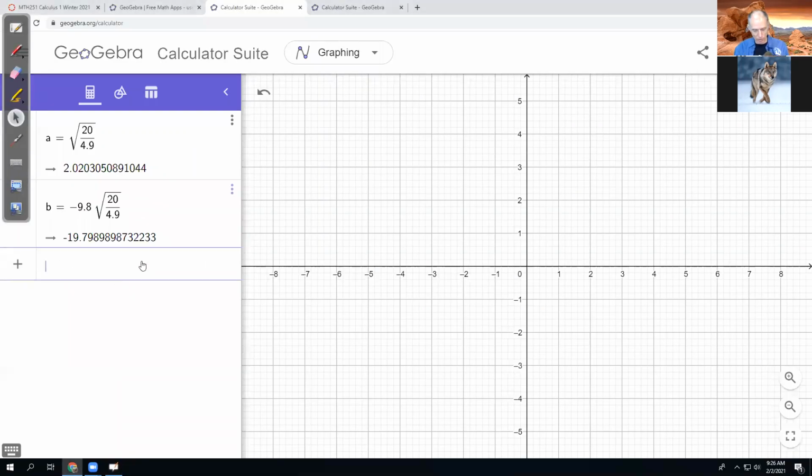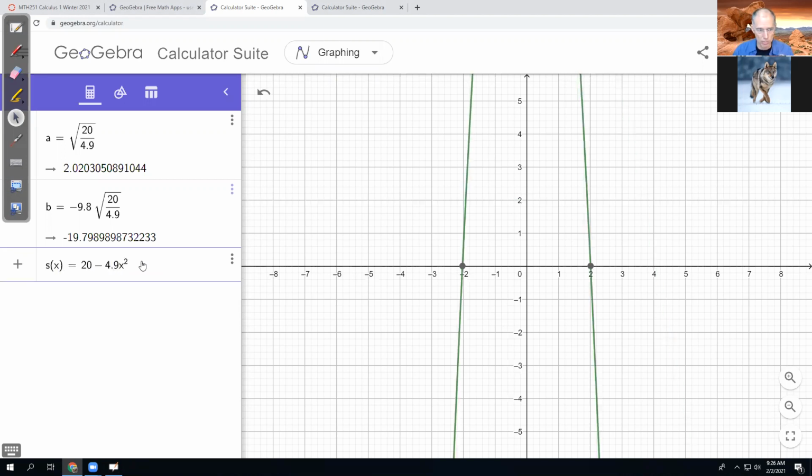So I'm going to get my function, so I don't have to retype it repeatedly. S of x equals 20 minus 4.9 x squared is my formula. And here, GeoGebra nicely says, hey, that's about 2.02. Thank you.